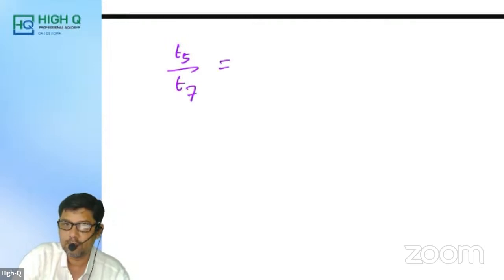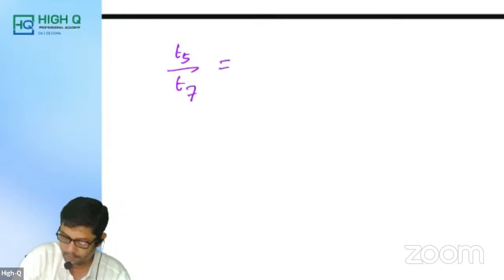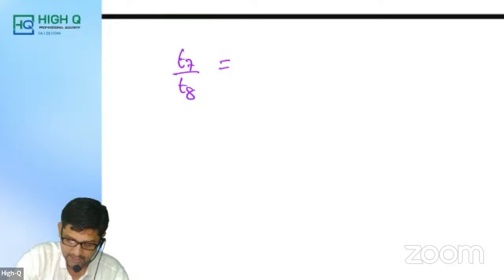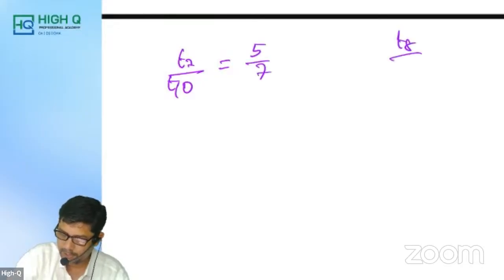Can you tell me? T7 divided by T10 is equal to what? Now they ask you to find out T8 by T11.